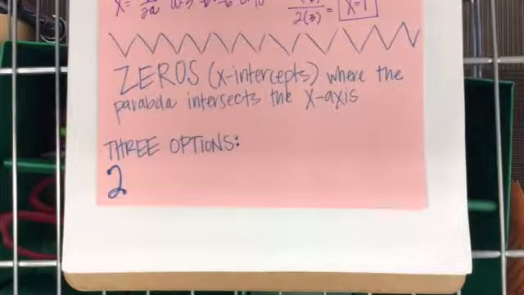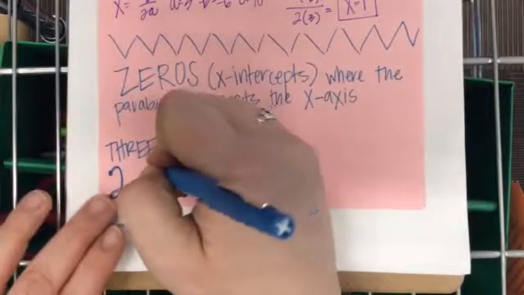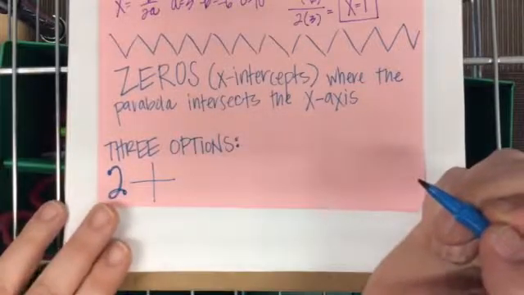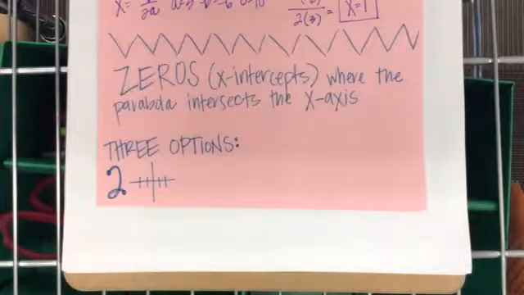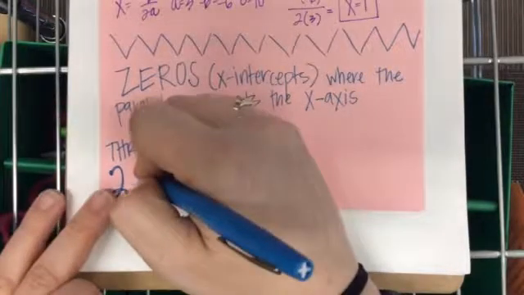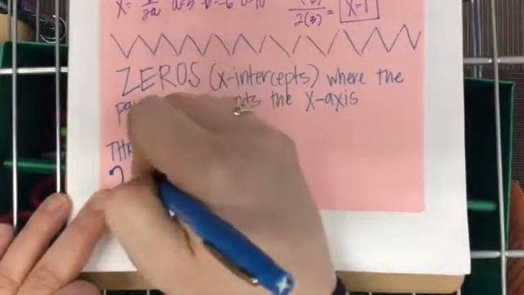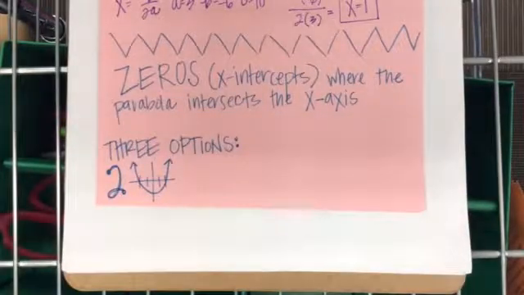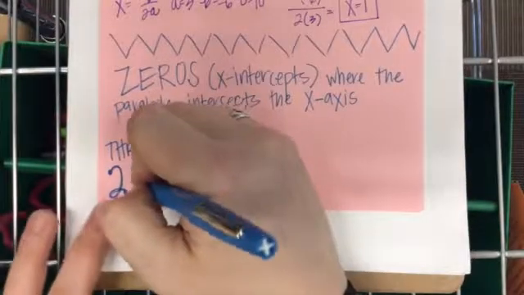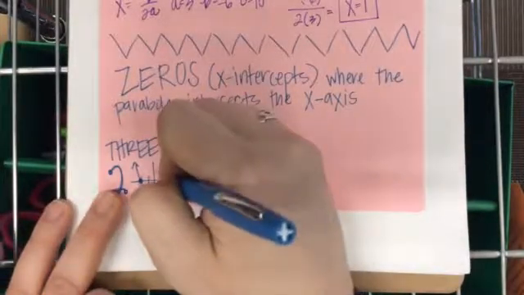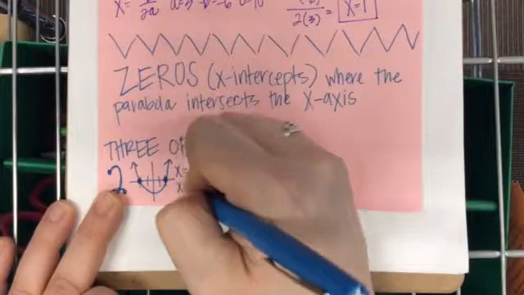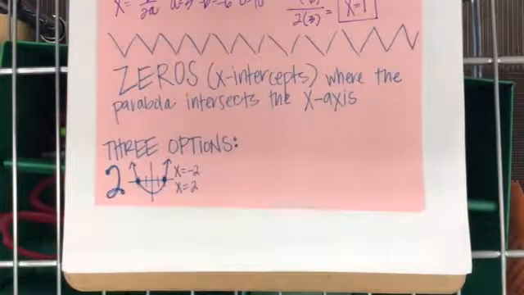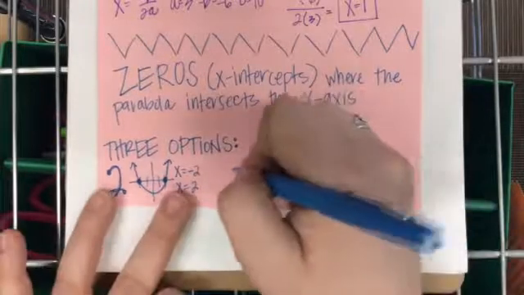It can have 2 x-intercepts, right here. The x-intercepts are x equals -2 and x equals 2.